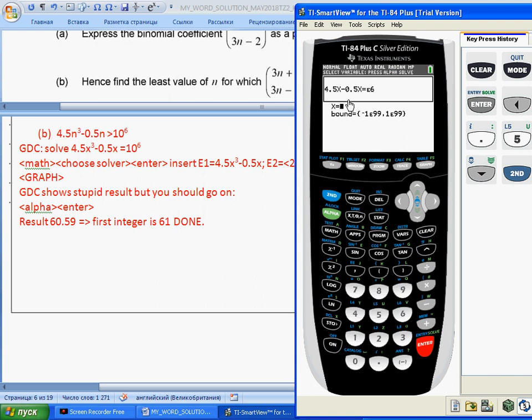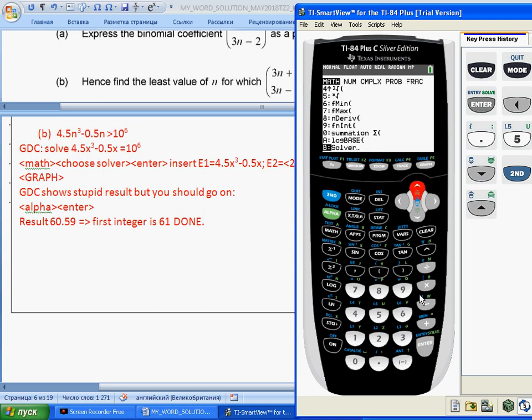Right, so here, don't think that you have the answer. To get the answer, you should press alpha and enter. I made a mistake here. I didn't make the cube, so let's return back. So math, solver.